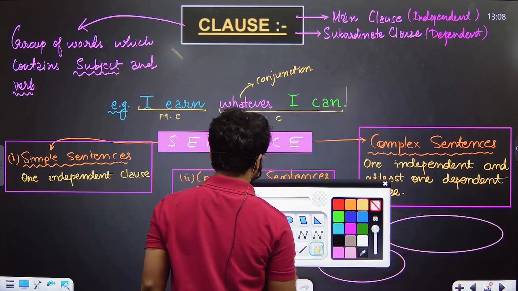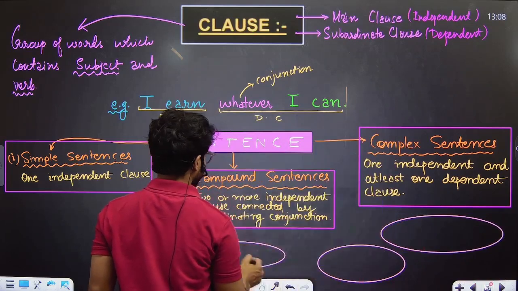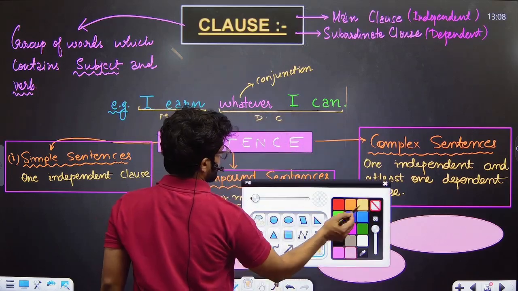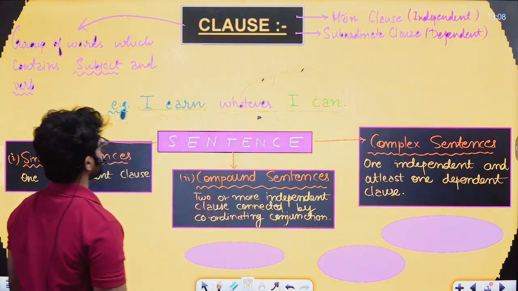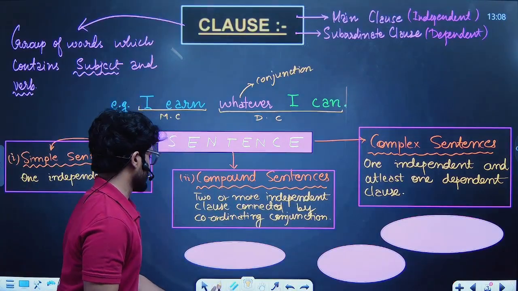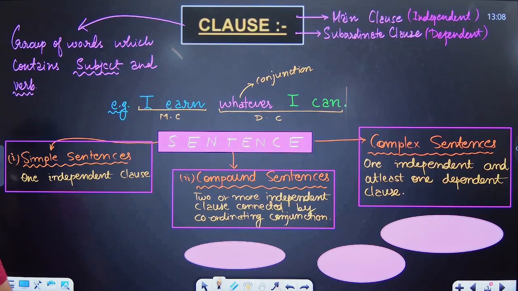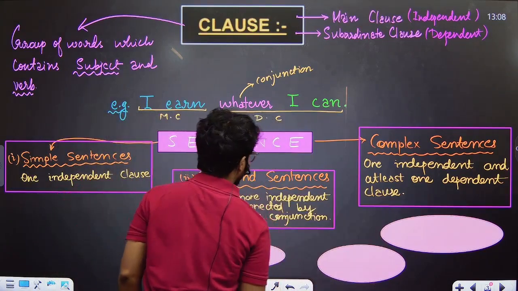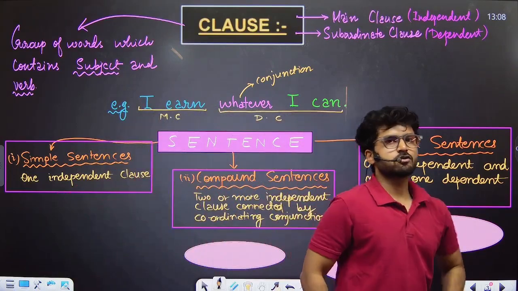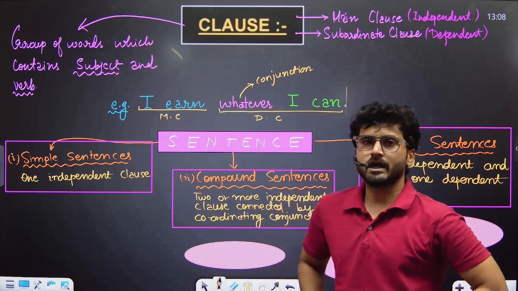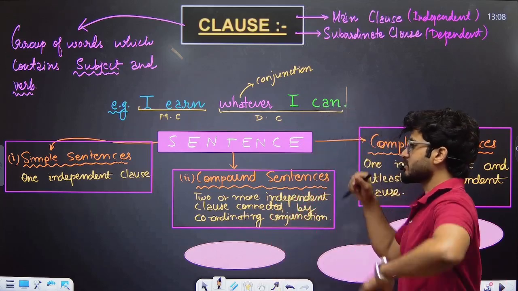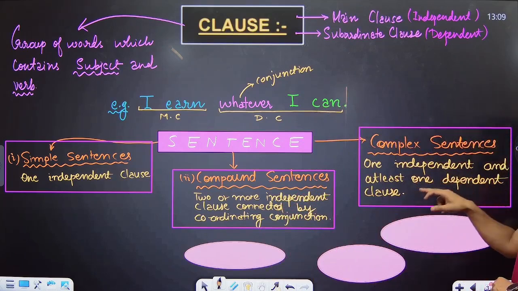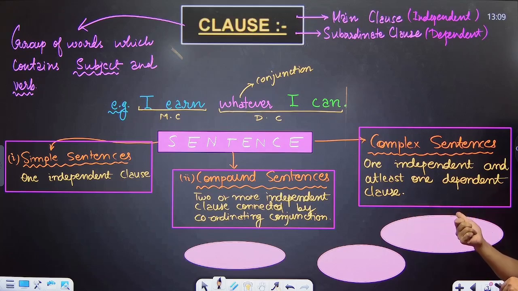Now let's discuss the clauses. See what I'm going to tell you: in the case of complex sentences, you are going to see one dependent clause, that is a subordinating clause.